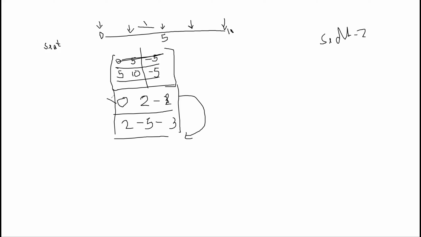Basically, I will remove these 2 entries from my heap, and then they will again become the same thing from how we started. We have to put that back as 0 to 5 as one interval with distance 5. So that will be a costly operation. I have to go through the entire heap and find it.